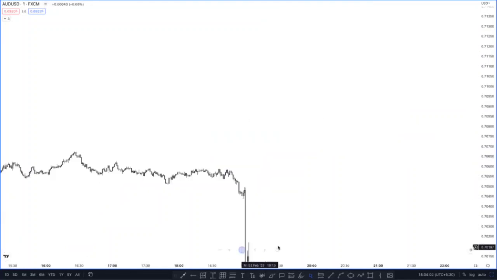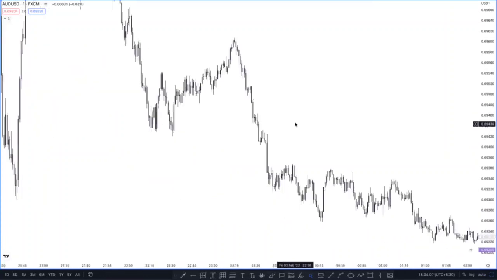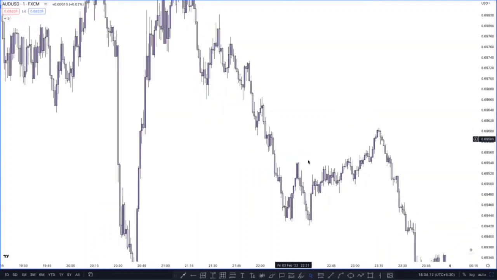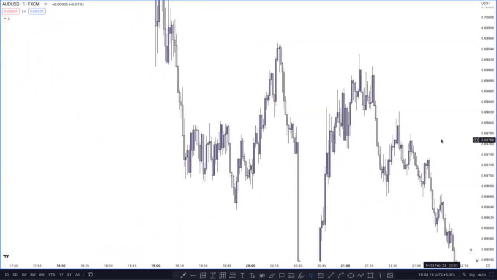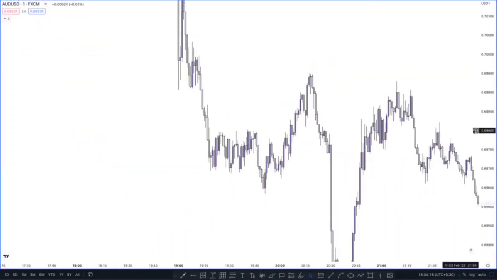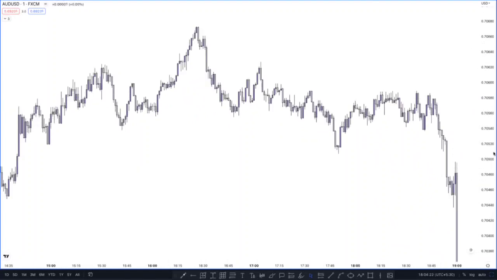Let's change the color in the 1 minute time frame. There are a lot of examples, but I'm looking for a relevant one.